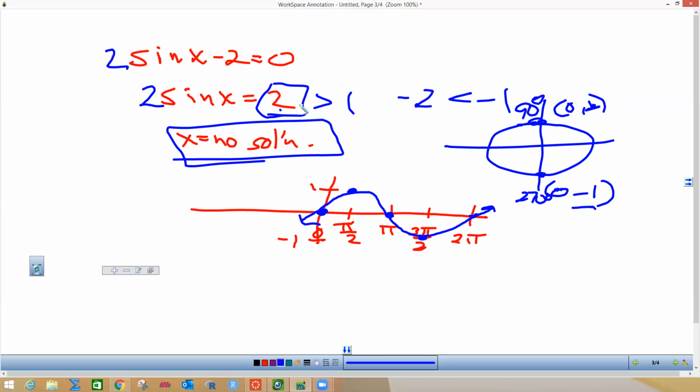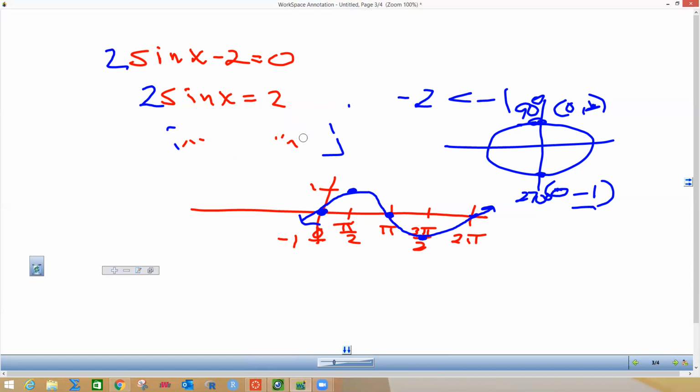Well, that means this would no longer equal 2, right? Because we have some that have bigger amplitudes. So we would divide by 2 and get sine x equals 1. Is it possible for our sine to be 1? Yeah, that's the biggest one, and that happens at 90. So you see how it changes if you have an amplitude that's not 1?